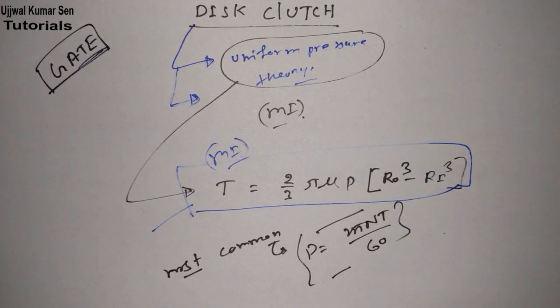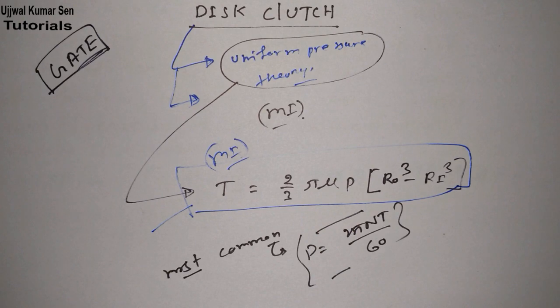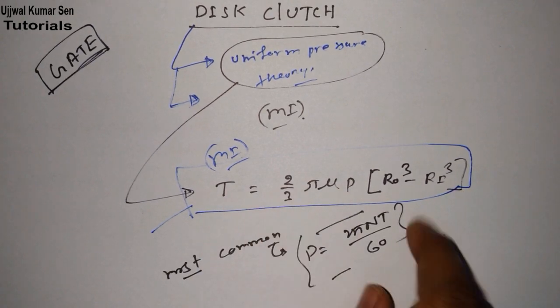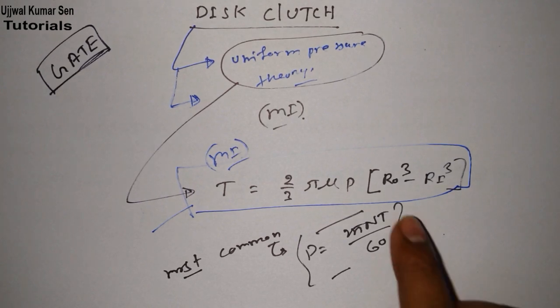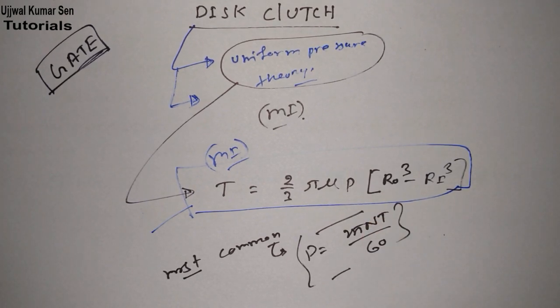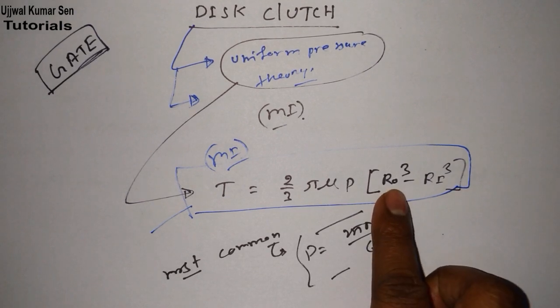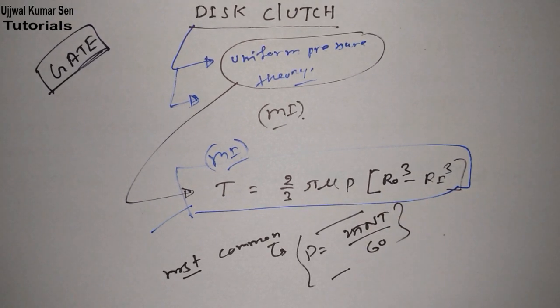Most probably they will give you the pressure, but if they give you other things, then you can find out the pressure also. R naught is the outer radius, and Ri is the inner radius. So you will not be confused, I have denoted them like this, R naught and Ri.